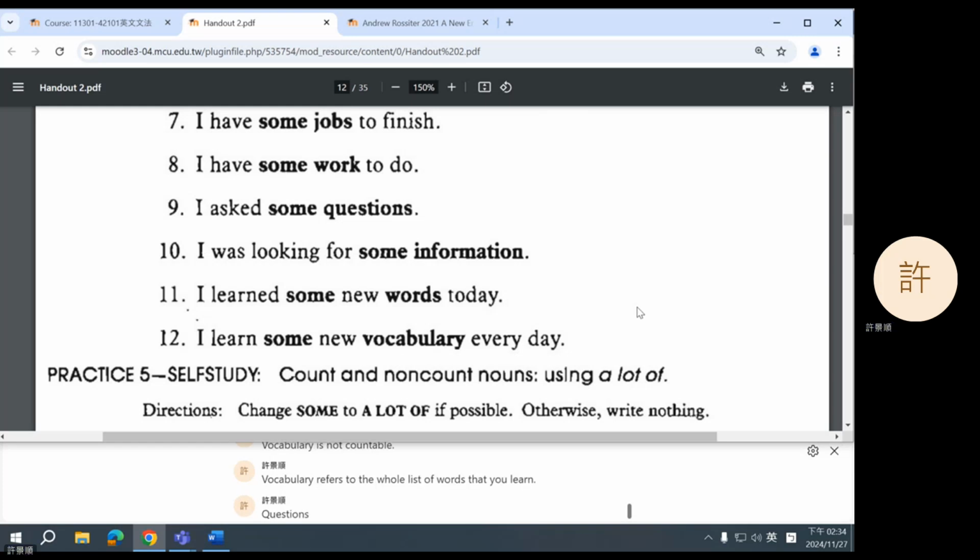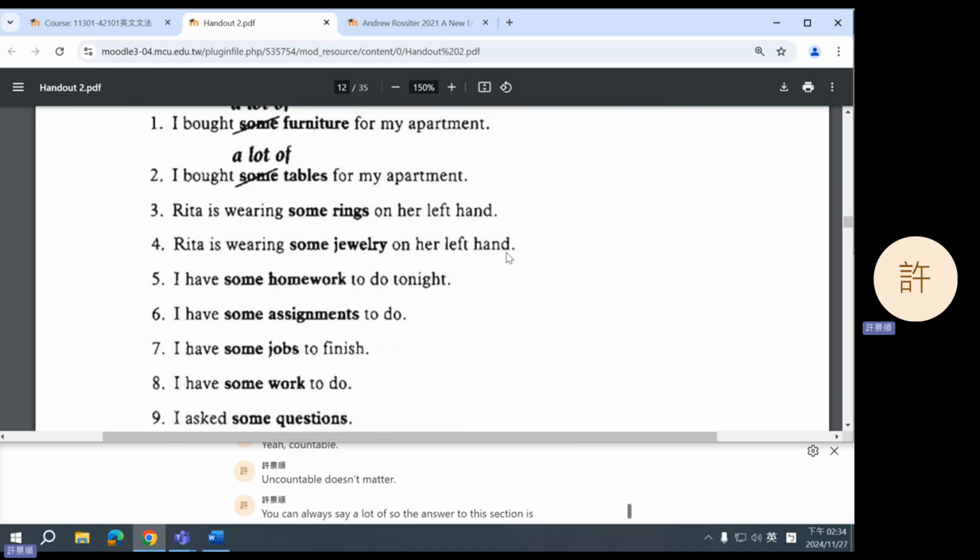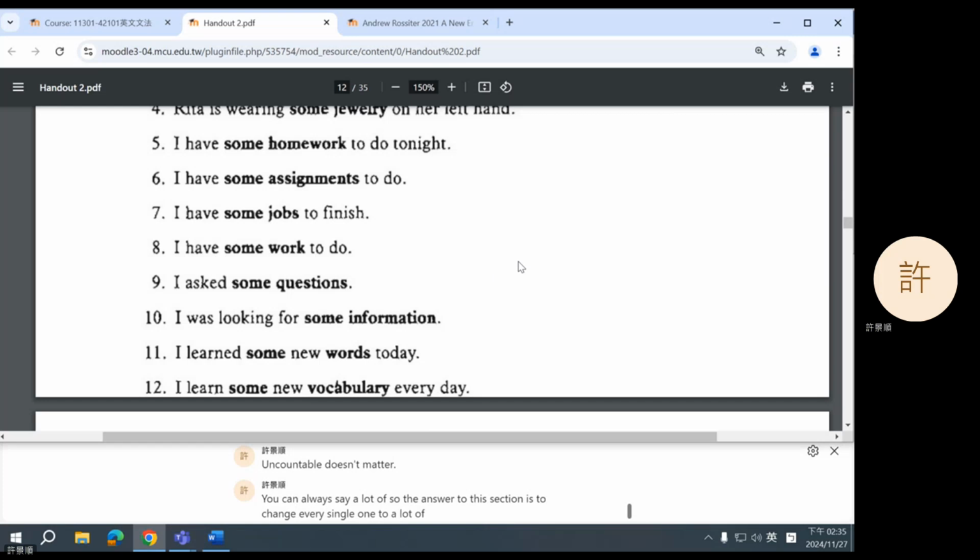Questions? Okay, this one is even funnier. Remember when I said a lot of can apply to everything? Yeah, countable, uncountable, doesn't matter. You can always say a lot of. So the answer to this section is to change every single one to a lot of.